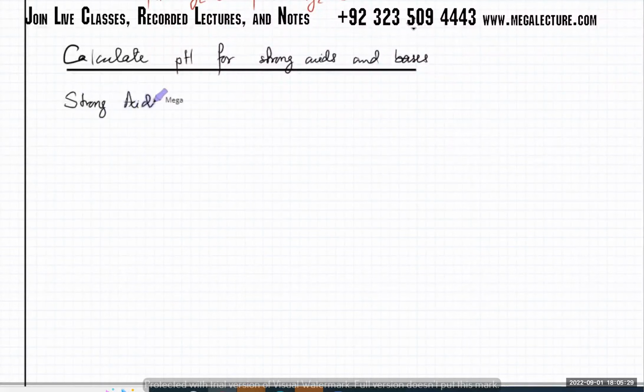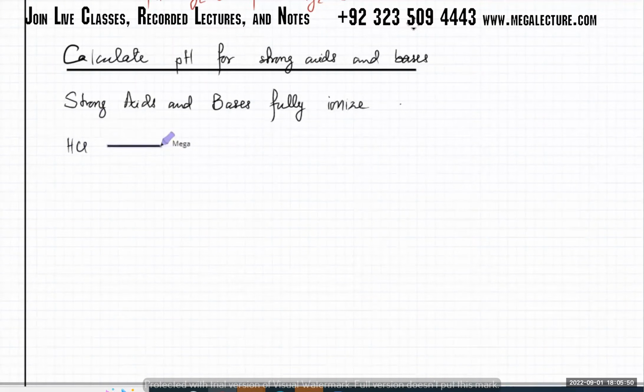So strong acids and bases, they fully ionize, which basically means that if I have HCl, and HCl ionizes, it's going to ionize fully. It's going to produce H+1 ions and it's going to produce Cl-1 ions. अच्छा ये याद रखना कि this is not the actual equation.